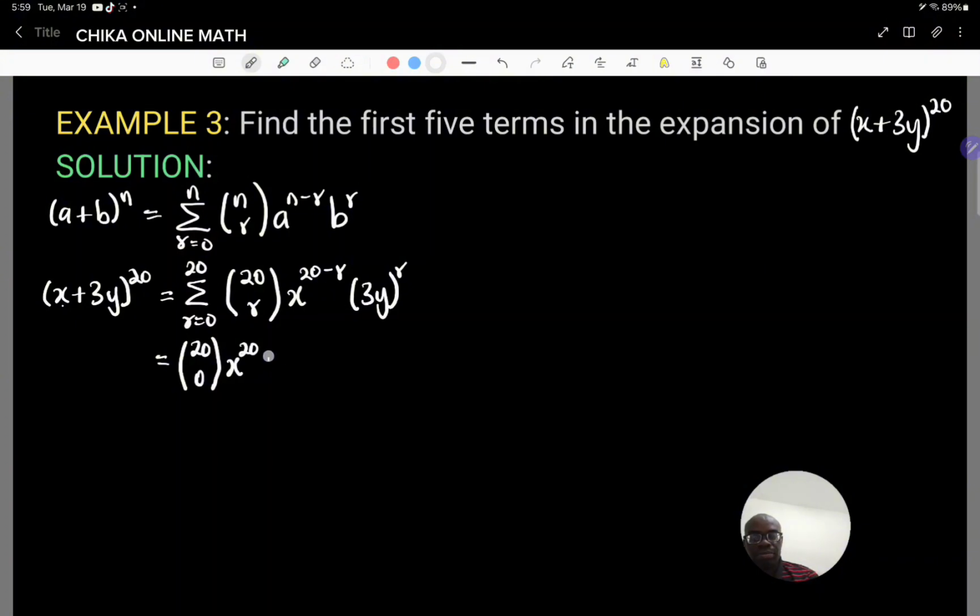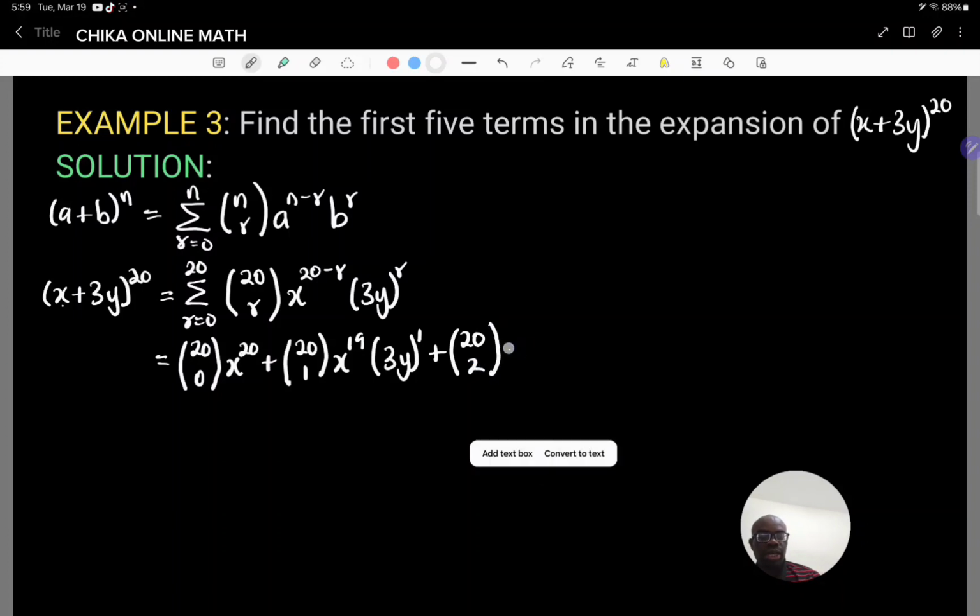Then plus the second one is 20 combination 1, x to the power 20 minus 1, which is 19, then 3y to the power 1. Plus the next one is 20 combination 2, x to the power 20 minus 2, which is 18, 3y to the power 2.